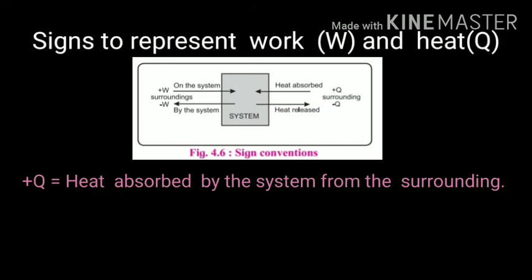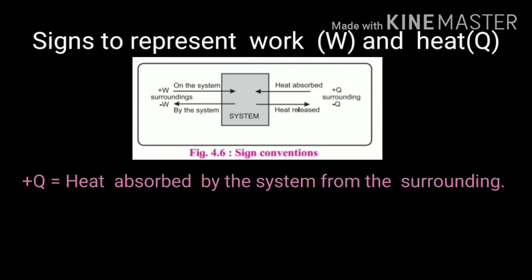The first sign is plus Q. So plus Q is the heat absorbed by the system from the surrounding. So if you look here, you can see heat is absorbed. Because it is from the surrounding into the system, it has a plus sign.